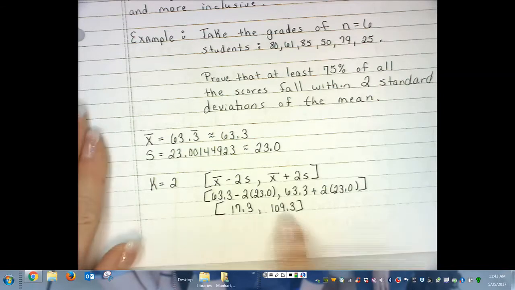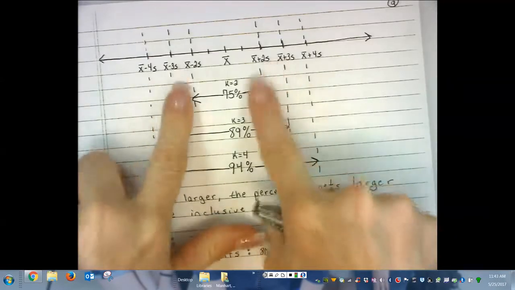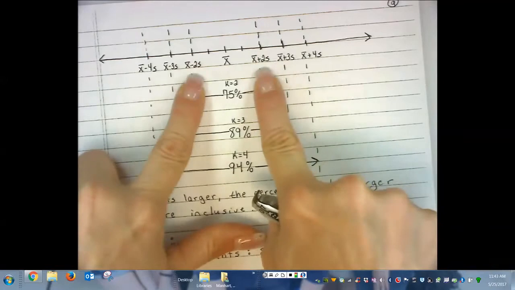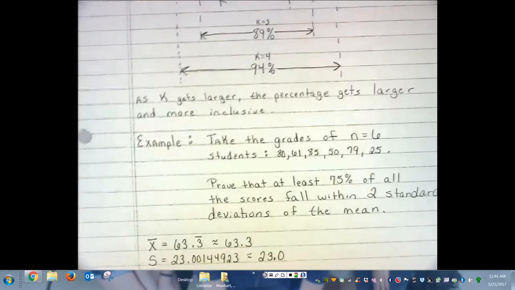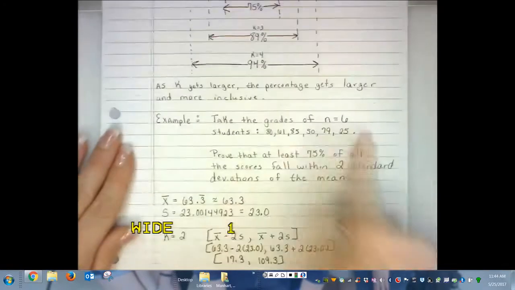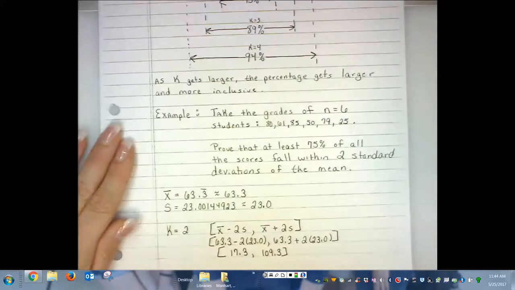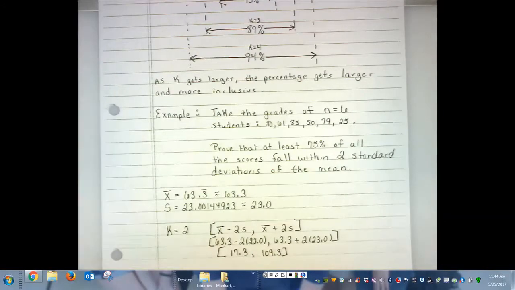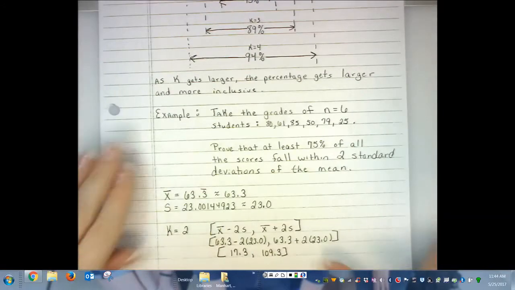And those are the 2 values that would fall on the axis here up above in place of these 2 formulas. 17.3 to 109.3. Chebyshev says that at least 75% of all the scores in this class will fall within 2 standard deviations of the mean. So between 17.3 and 109.3.